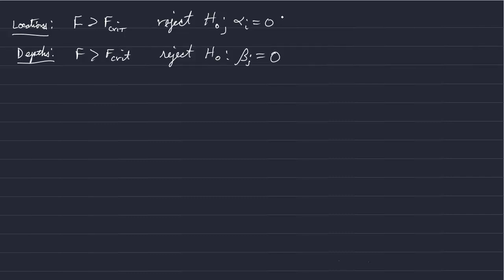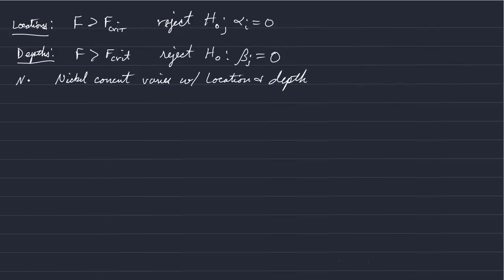So this was an illustration of a hypothesis test which caused us to reject both null hypotheses. And so we would infer that the nickel content of our shale varies with location and depth.